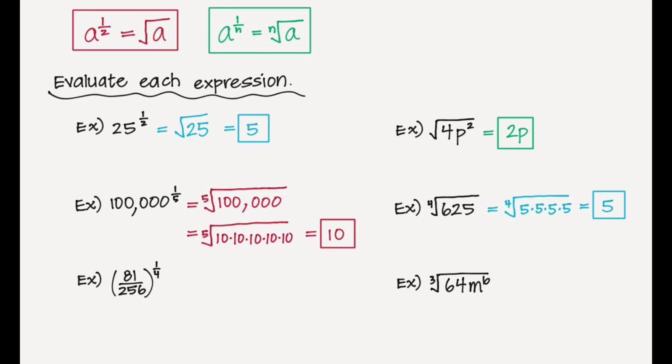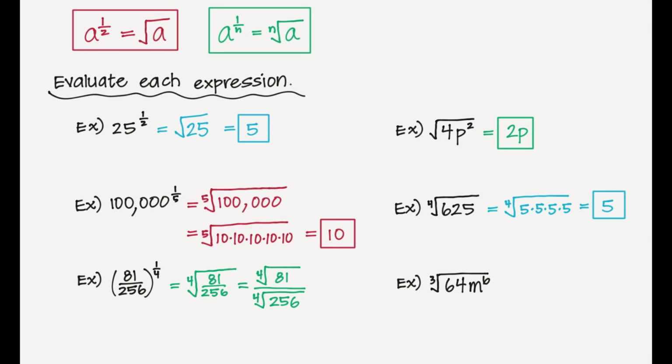Moving on now, we have 81 over 256 to the 1/4 power. So this is the same as the fourth root of the fraction 81 over 256. And that's something that we can break up as just the numerator, the fourth root of 81, over the fourth root of 256.